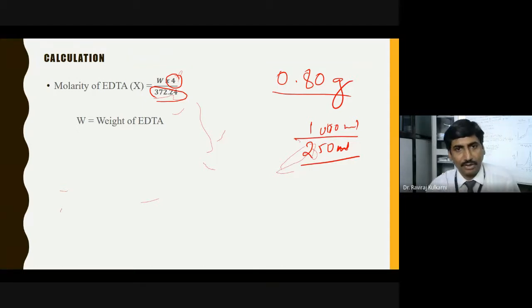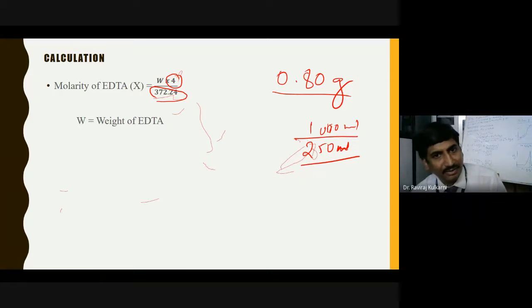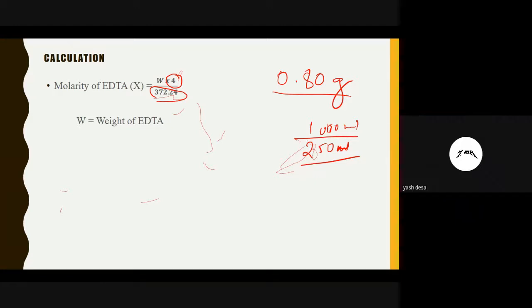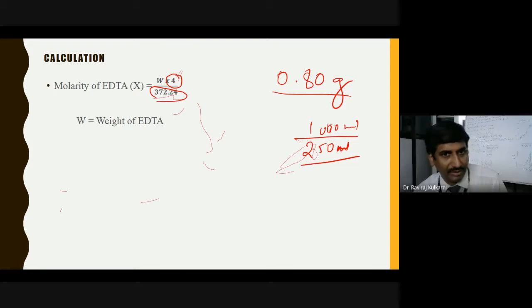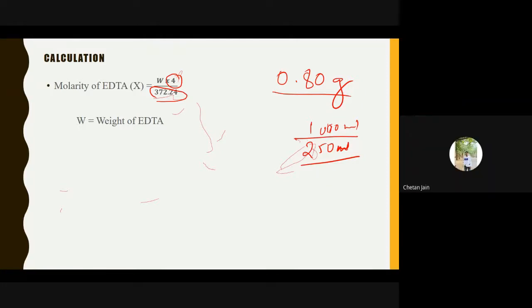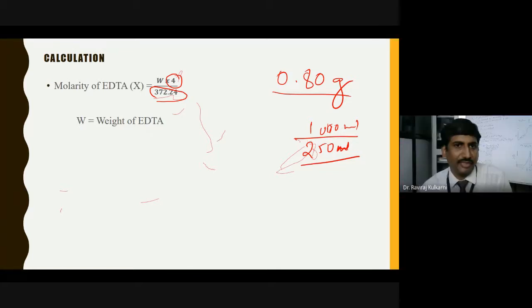Weight divided by molecular weight in 1 liter of water gives you molarity. I am multiplying by 4 because I am preparing 250 ml, not 1000 ml. Is that clear? So the molarity of EDTA is 0.8 into 4 divided by 372.24.